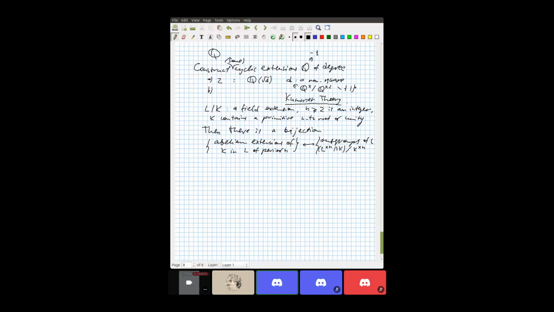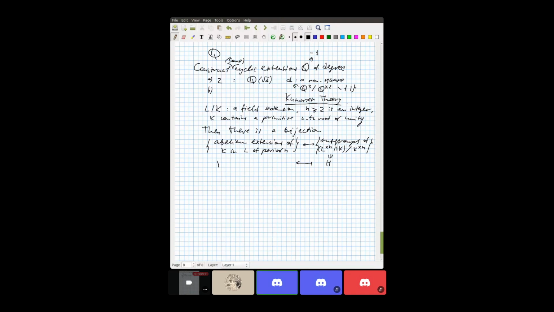Subgroups of this group. Okay, so you remember how it's constructed. If you have a subgroup H, then you associate to this group the following extension.